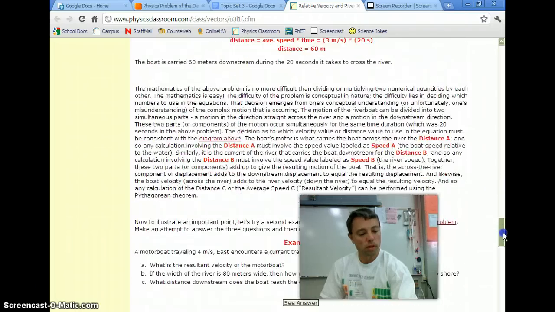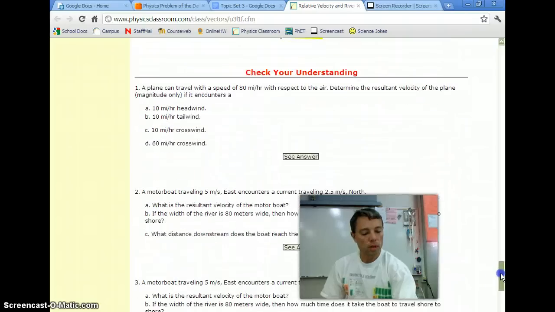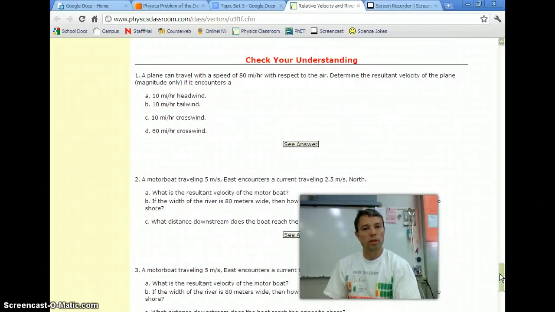And the nice thing is that when you get down to the bottom, you can do some of these little check your understanding questions, and this would be a good thing for you to do, to see if you are actually understanding what we're talking about. That's why I like this website in particular as a web source, because it's like a textbook, only it's got those questions that you can test yourself with to see if you know what's going on.